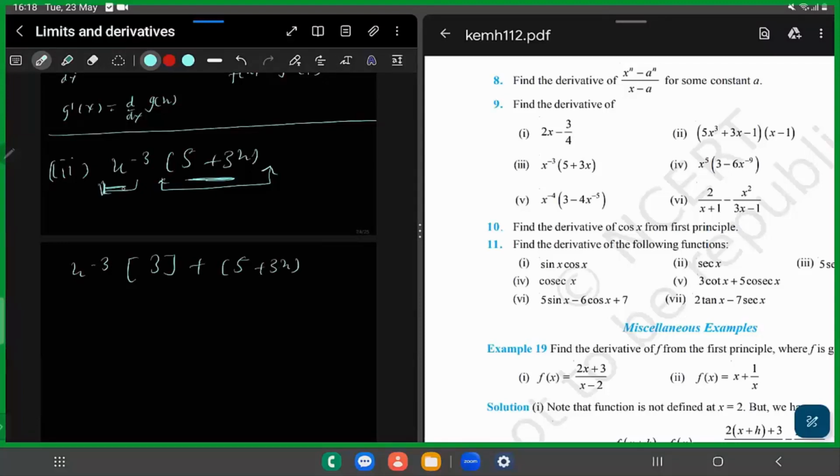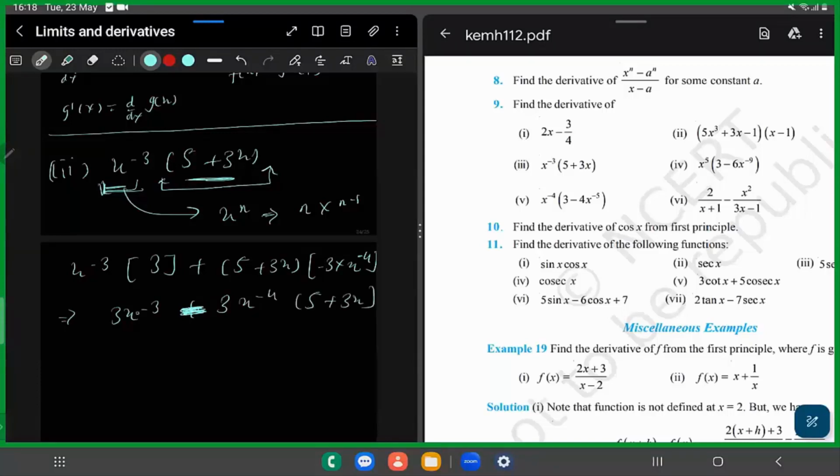This is of the form x to the power n, so its derivative is n times x to the power n minus 1. So this is minus 3 into x to the power minus 3 minus 1, that is minus 4. So the final answer is 3x to the power minus 3 plus minus 3x to the power minus 4 into (5 plus 3x). This is our final answer.